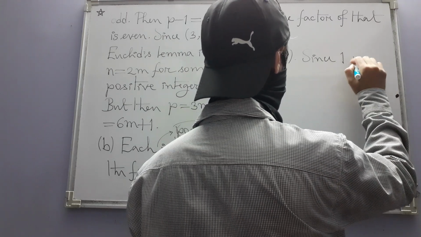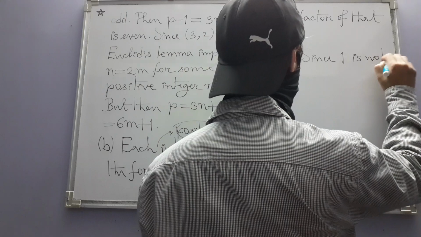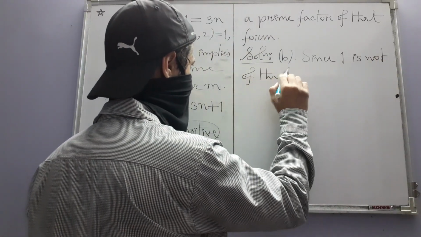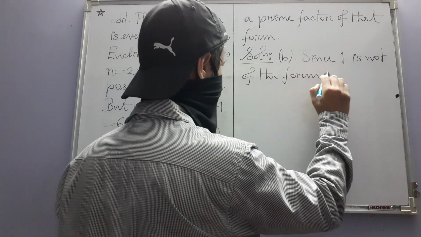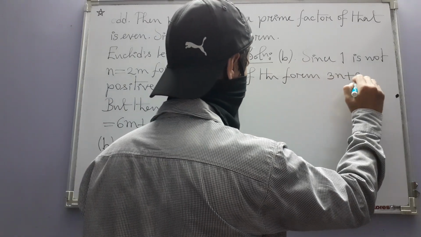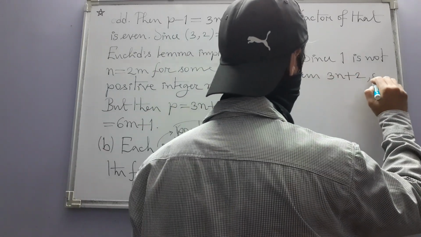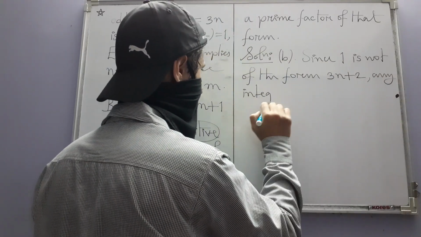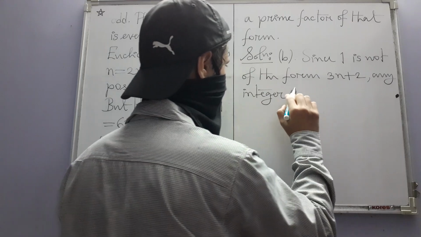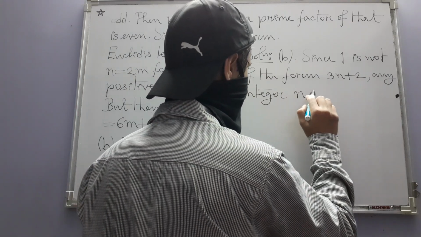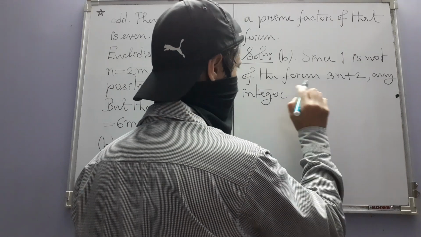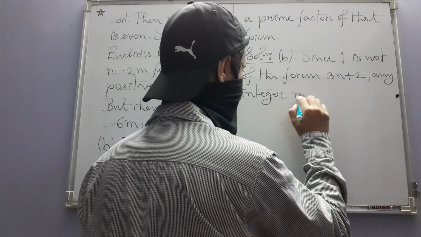Since 1 is not of the form 3n plus 2, any integer, oh, we cannot take n, let's call this m, say.